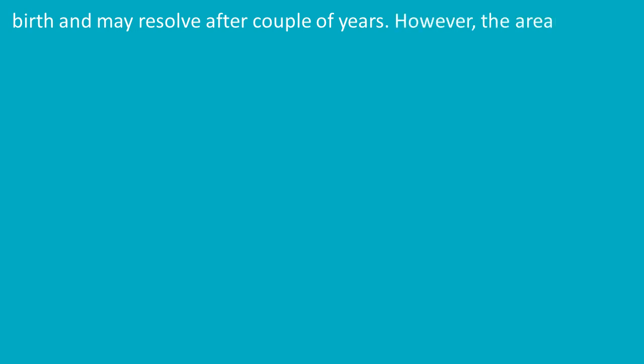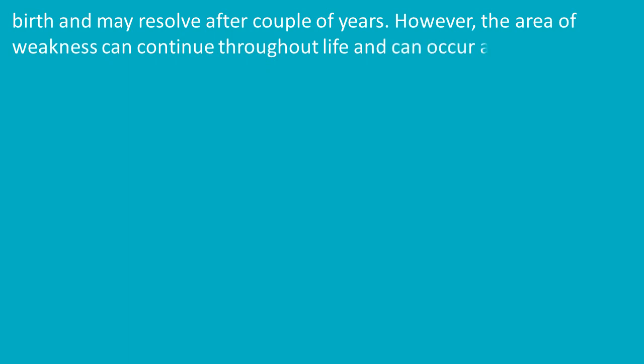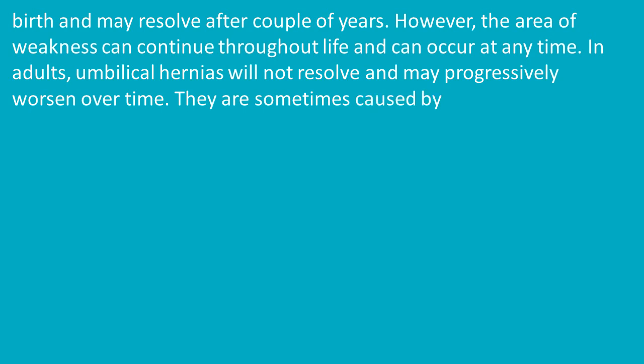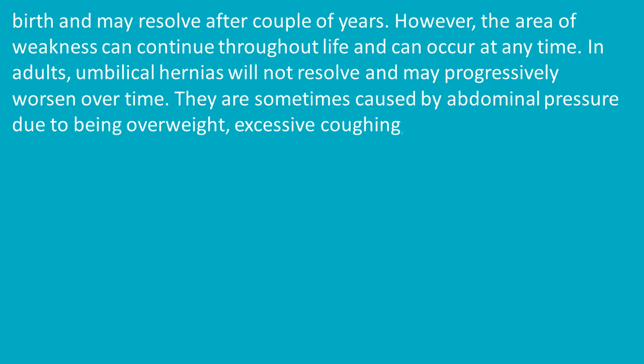However, the area of weakness can continue throughout life and can occur at any time. In adults, umbilical hernias will not resolve and may progressively worsen over time. They are sometimes caused by abdominal pressure due to being overweight, excessive coughing, or pregnancy, etc.